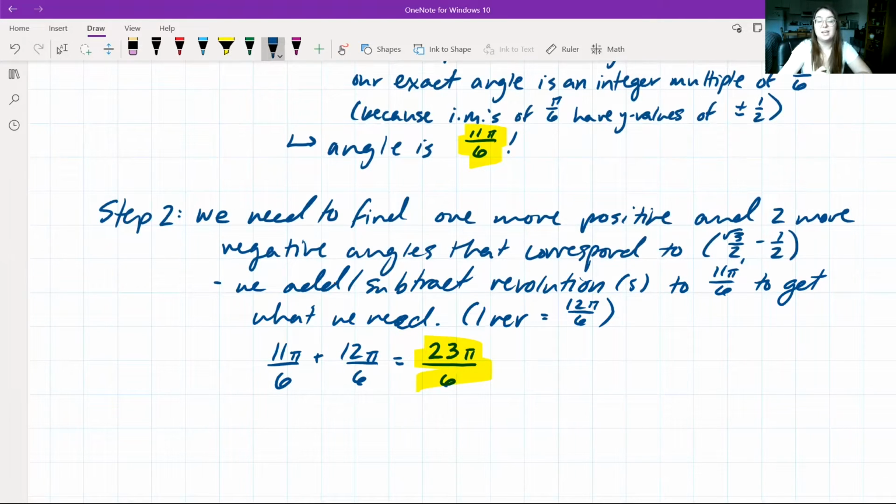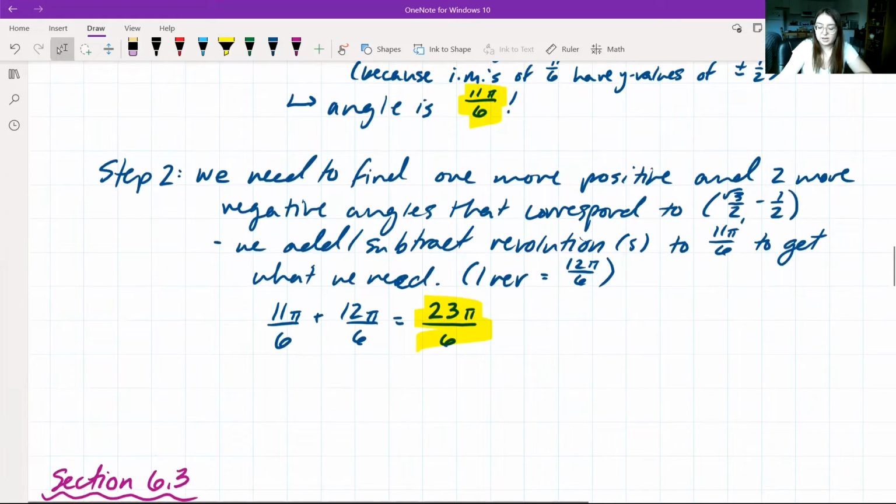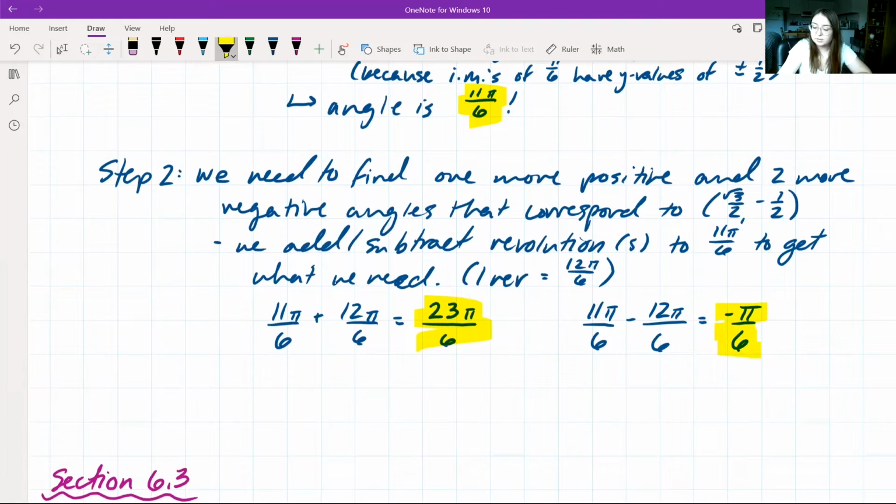Now we need two negative angles. So let's subtract 12 pi over 6 from 11 pi over 6. This is going to give us negative pi over 6. So there's one negative angle measurement, and then we need one more.